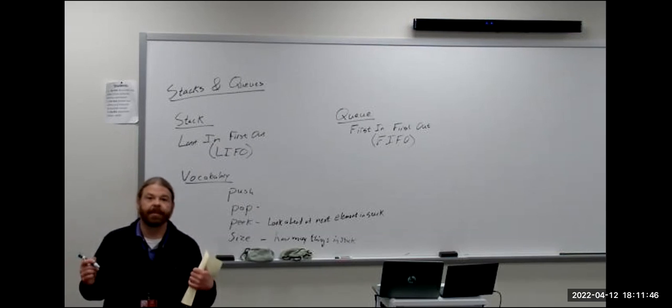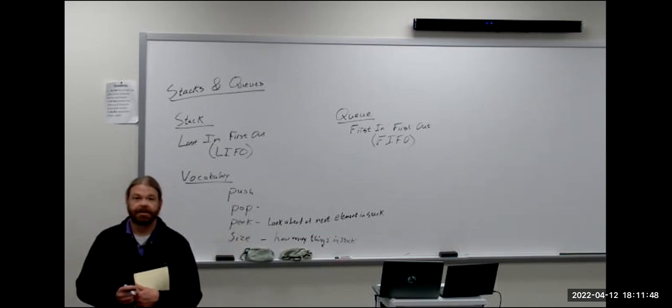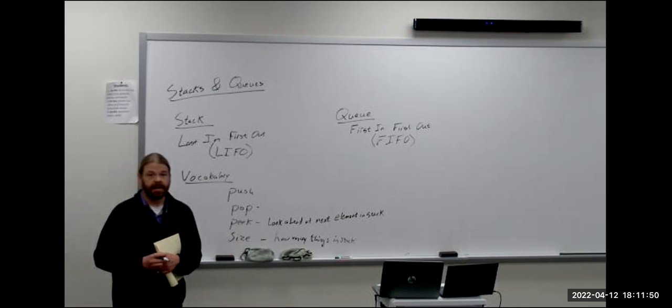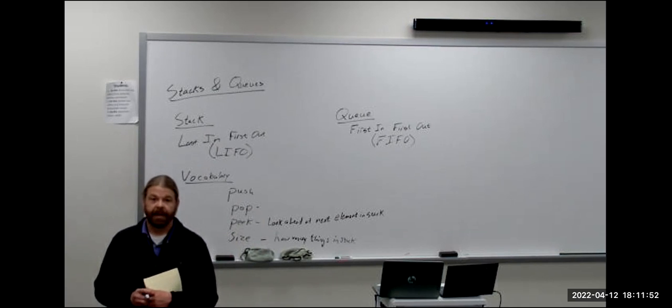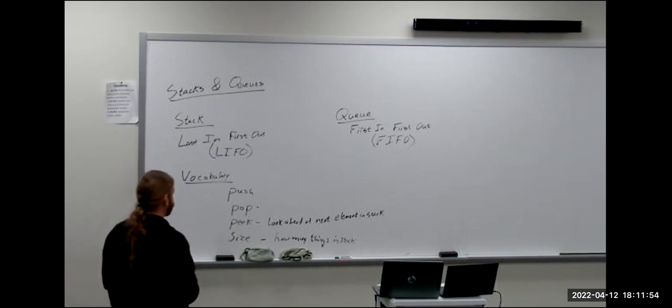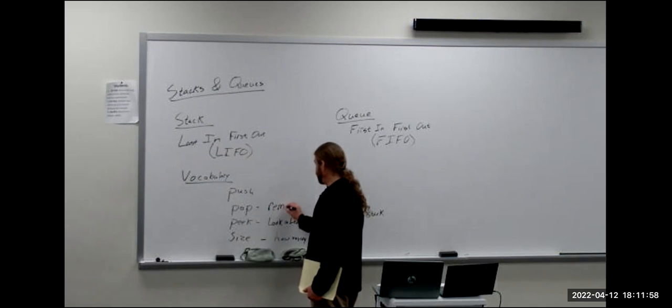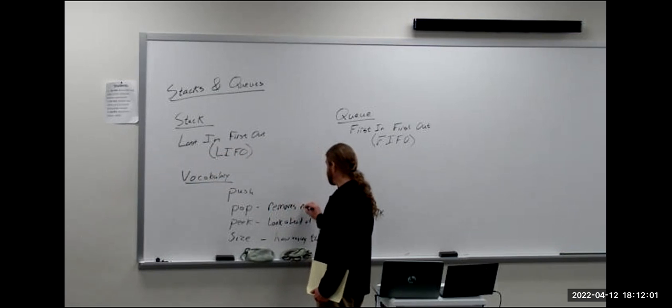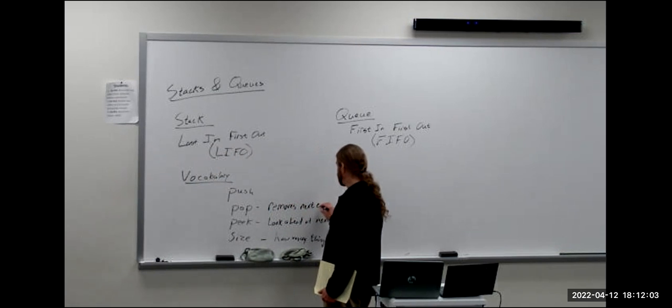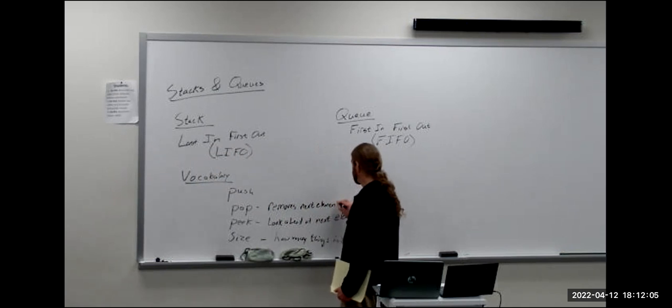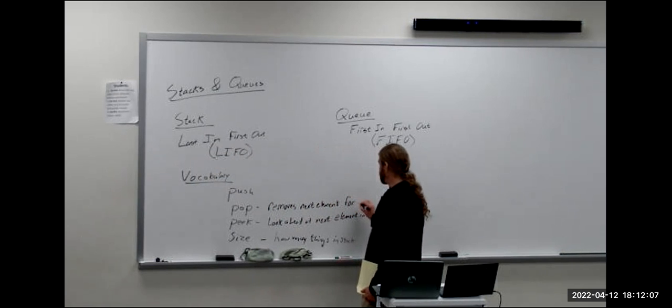So it takes it out of RAM and pushes it over to the registers so it can go through the ALU and actually be processed, whatever it is. So pop removes the next element for processing.